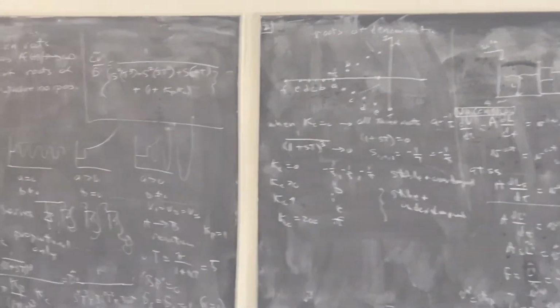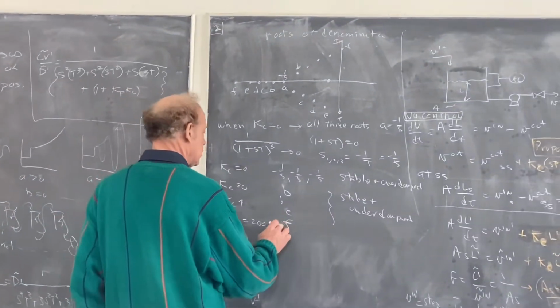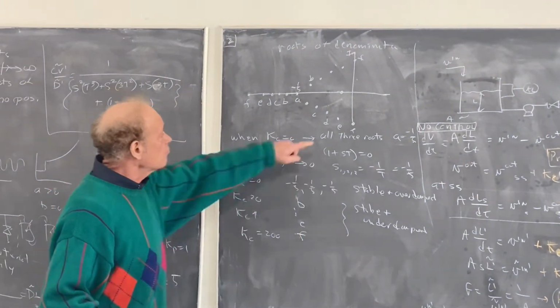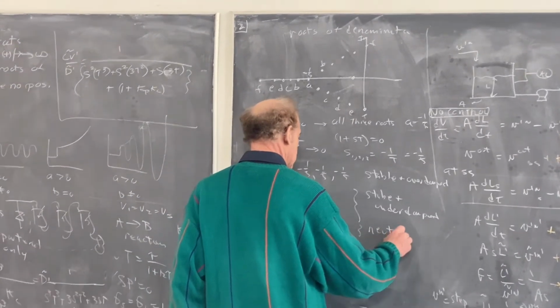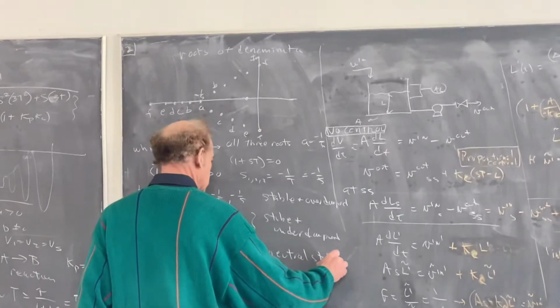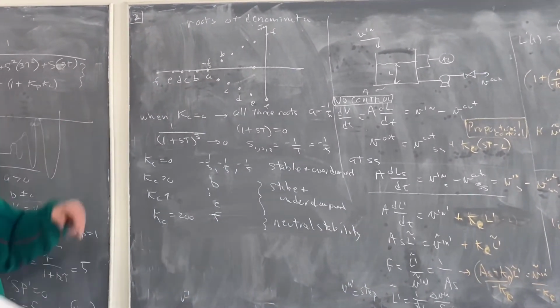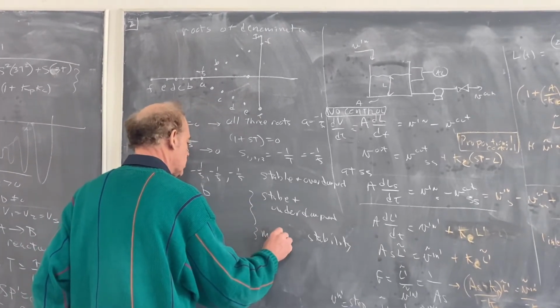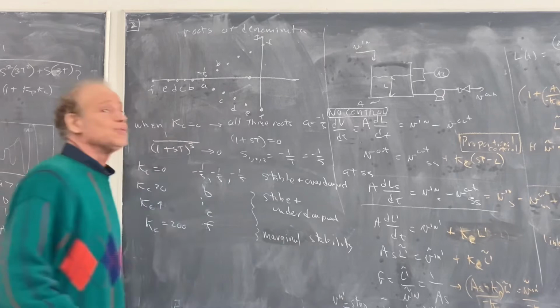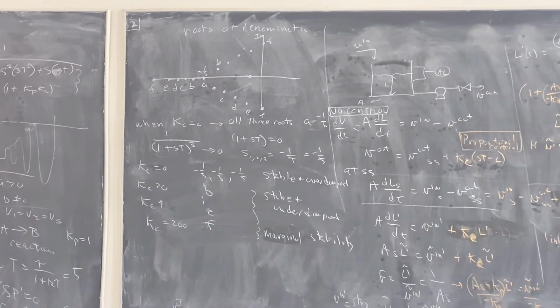F, however, is a situation where I have what's called neutral stability, or actually it's called marginal stability. Remember I have 3 terms in my solution.